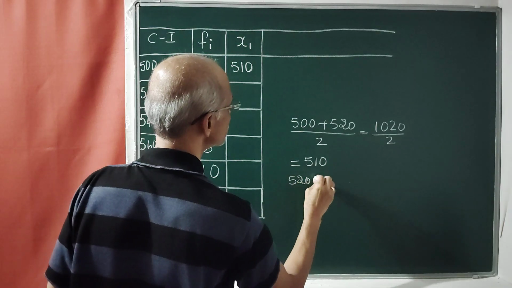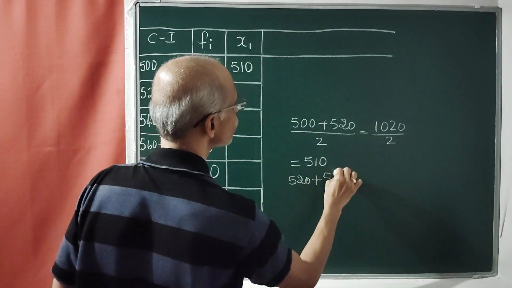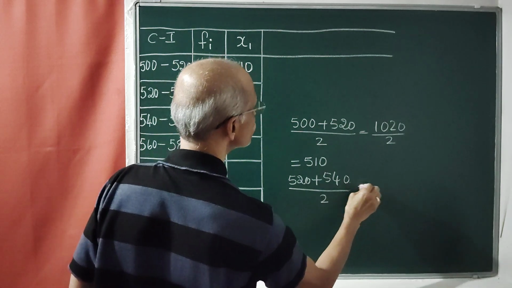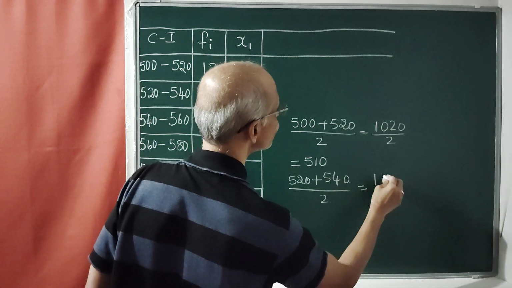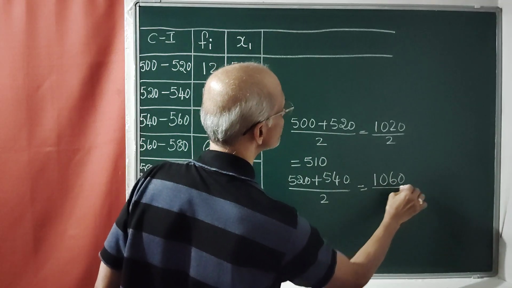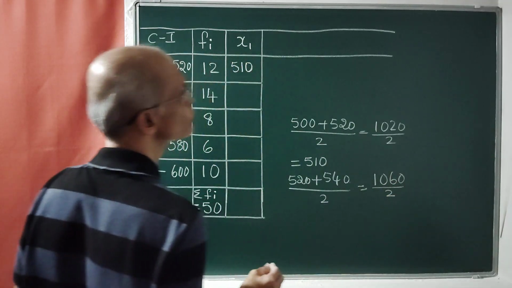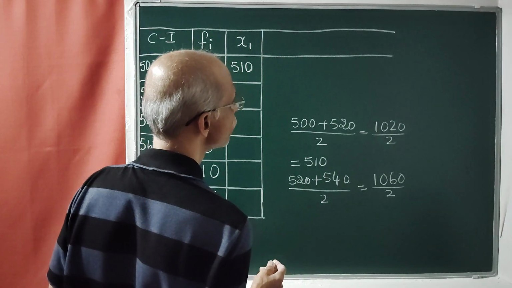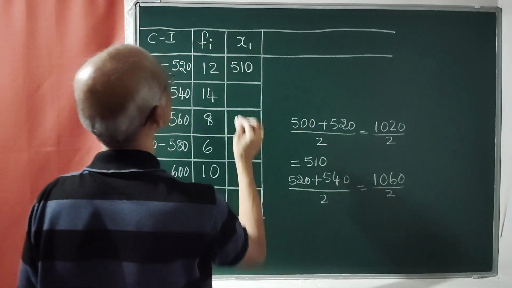Next, 520 plus 540 divided by 2. So we'll get 1060 divided by 2. So it will be 530.